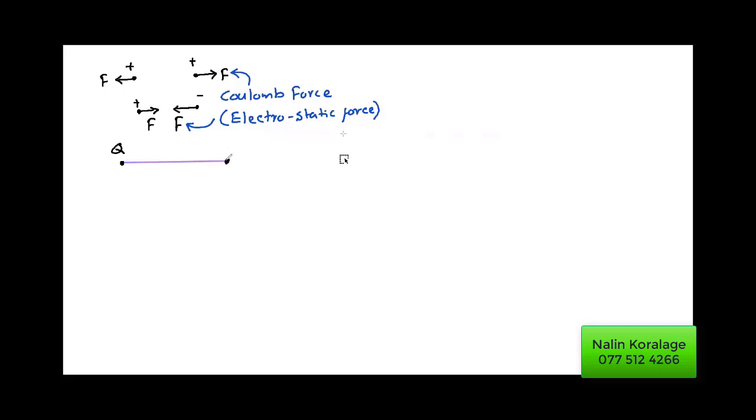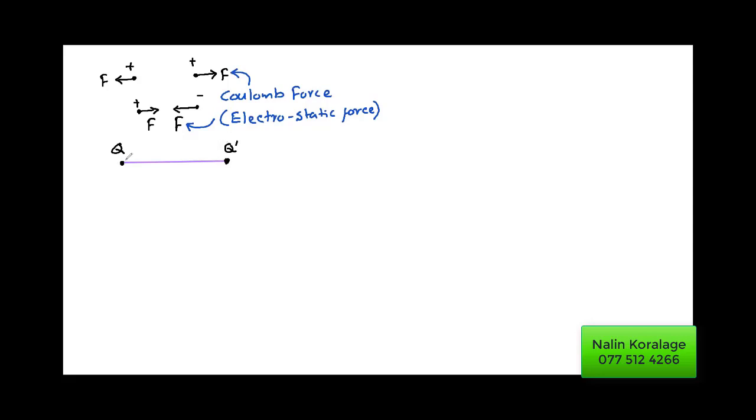This line segment in magenta, or let's say violet, is only for the reference. Nothing like that is existing. It's a virtual line segment, the straight line which joins one charge to the other. That's all. So let's say this charge is going to be something like, for example, Q dash. That charge is Q. It can be plus or minus. This is going to be a Q dash. Sign can also be either plus or minus.